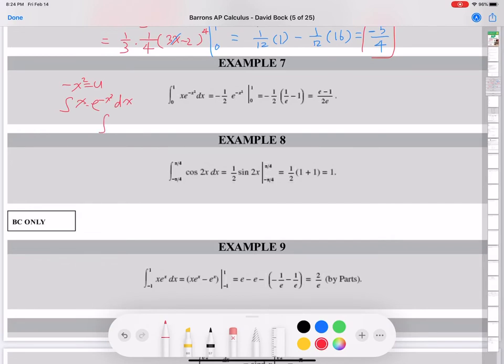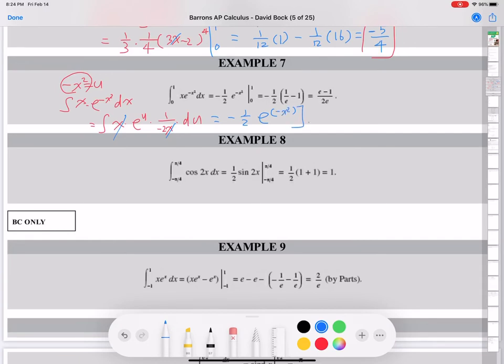Because it is the integral of x times e to the u power, I'll change dx to du. How to? 1 over the derivative of the u part, the derivative of this part, negative 2x, du, and then x and x cross out. So it is negative 1 over 2 times e to the u power plus c. What was u? The u part was negative x squared.